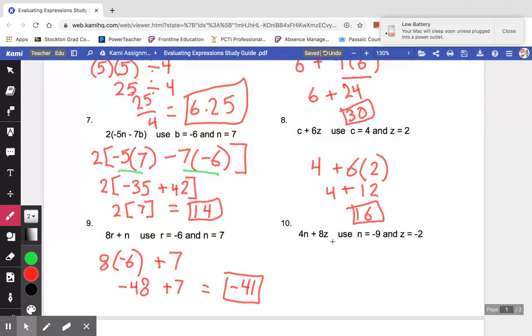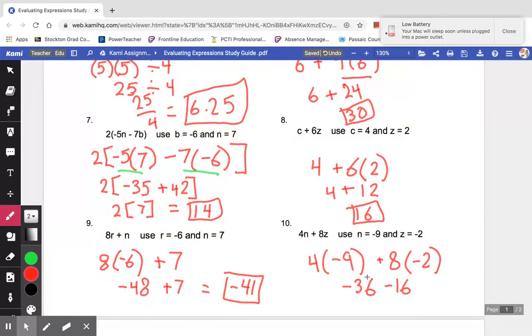And then for number 10, we have 4. But since there's an n right next to it, you need to use parentheses. Negative 9 plus 8. Z is going to be negative 2. 4 times negative 9 will be a negative 36. 8 times negative 2 is a negative 16, so I could put minus 16.